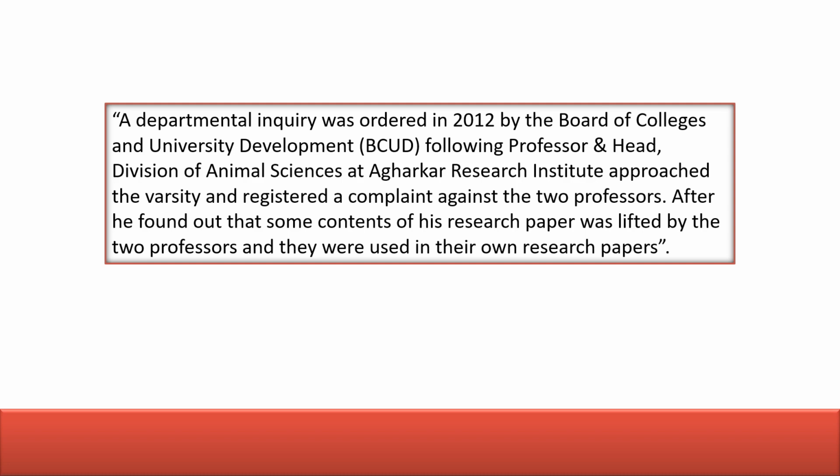A departmental inquiry was ordered in 2012 by the Board of College and University Development after the Head of the Division of Animal Sciences at Agarkar Institute approached the university and registered a complaint against these 2 professors, after he found out that some contents of his research paper were lifted by them and used in their own research papers. So this was the case.